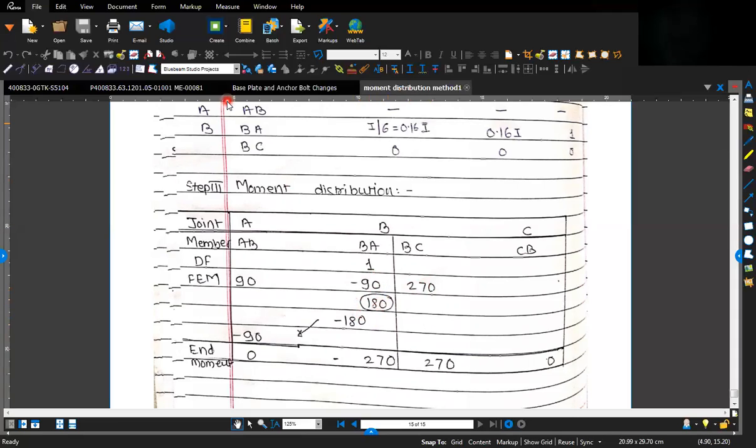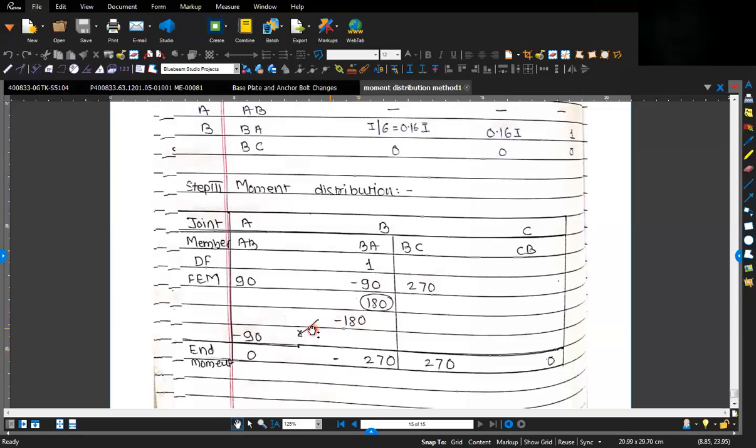So to keep this joint in a stable condition, we have to apply an equal and opposite moment. We are going to apply minus 180 moment, multiplying this moment with the distribution factor, which exactly comes as minus 180.